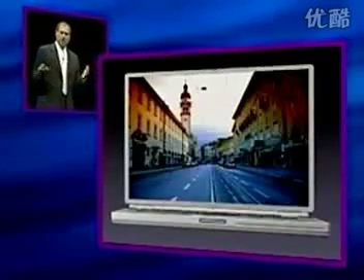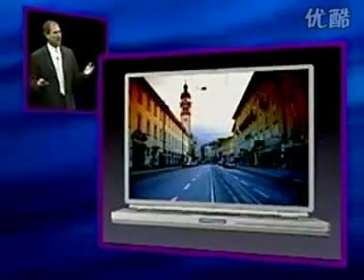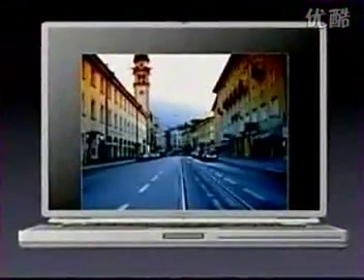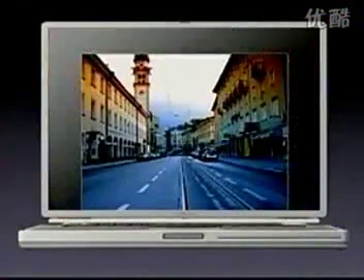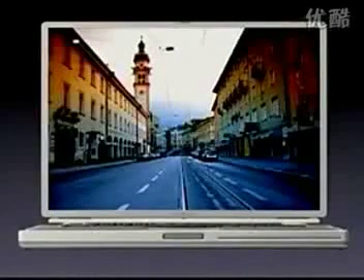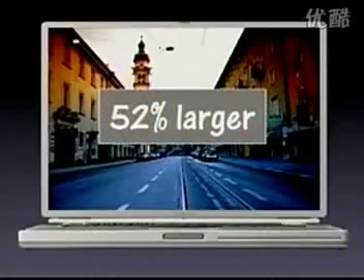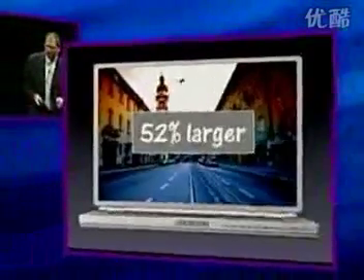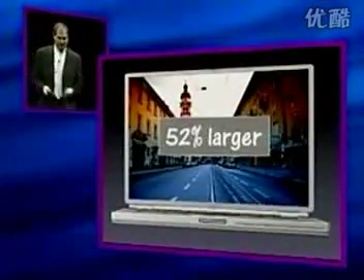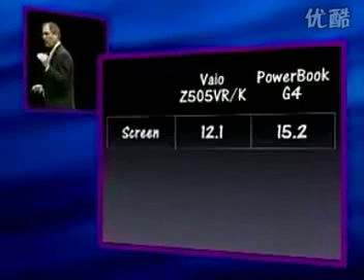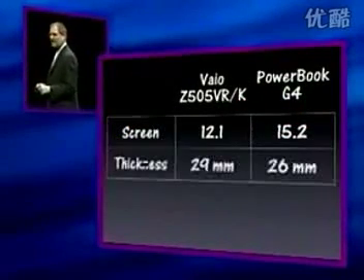So if you take the PowerBook screen and you say, how small is the VAIO, it's that small, right? That's the PowerBook. That's the VAIO, right? The PowerBook screen is 52% larger than the VAIO screen in display area. 52% larger. So 12.1 to 15.2. Thickness.